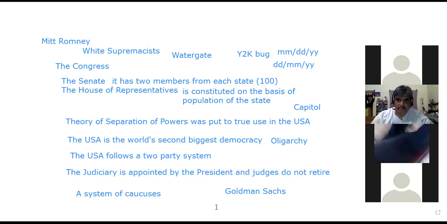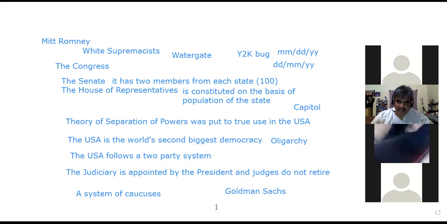It is not. But if you look at what Thomas Jefferson said, once the Constitution was written, he said the Constitution has to be reviewed every 19 years.